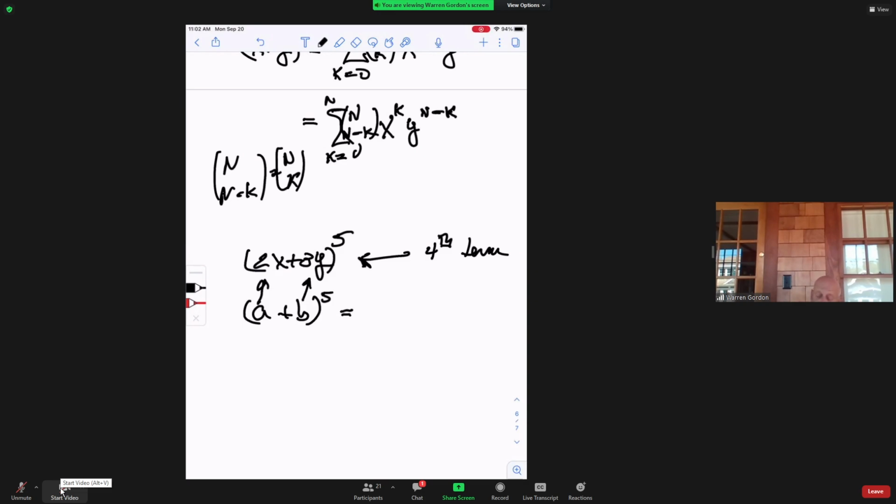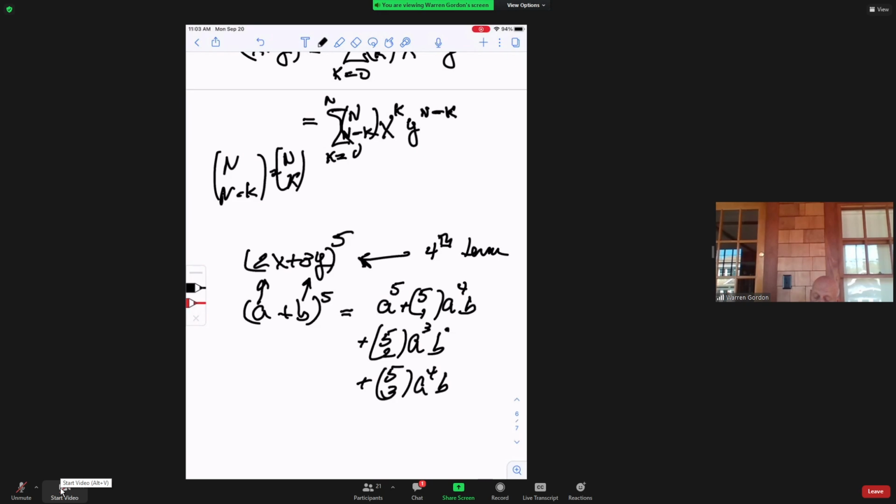So the first term would be a to the 5th. The second term would be 5 choose 1, a to the 4th, b. The third term would be 5 choose 2, a cubed b. And the fourth term would be 5 choose 3, a to the fourth.